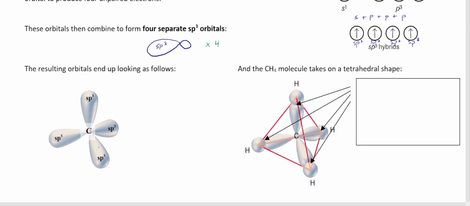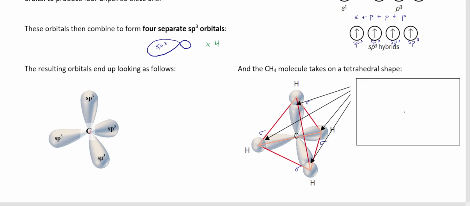The resulting orbitals arrange themselves in an orientation that is called tetrahedral. We have one sp3 going up, one coming to the side, one forward, and one behind. The hydrogens then overlap on each of these, all making sigma bonds, and we get a molecule of methane.